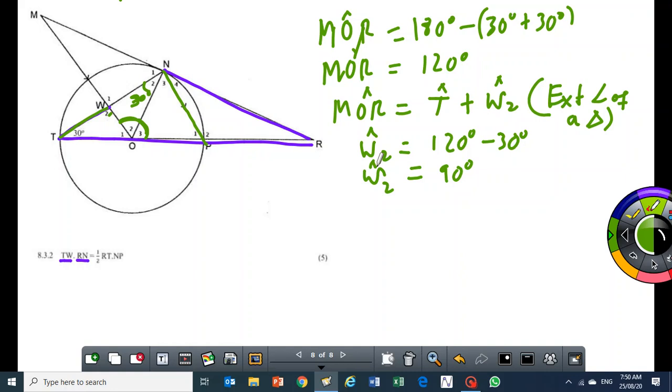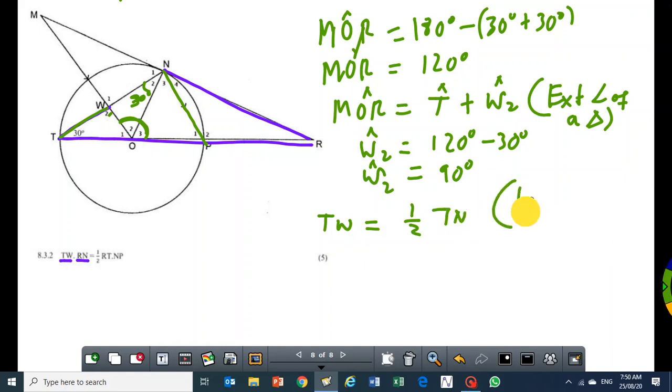Once I have this, then I can now say that TW is equal to half of TN.